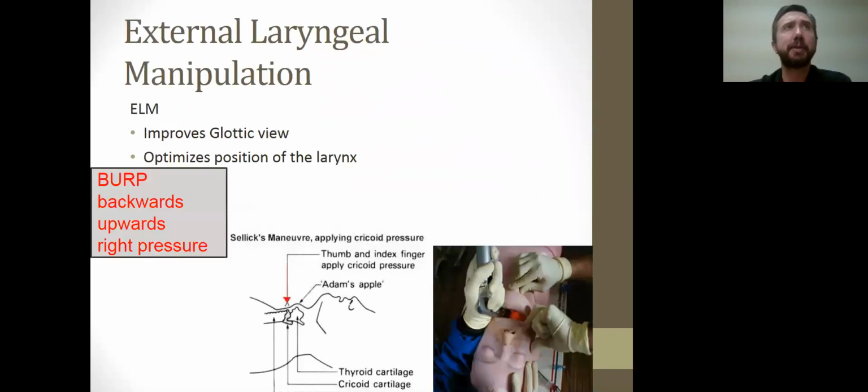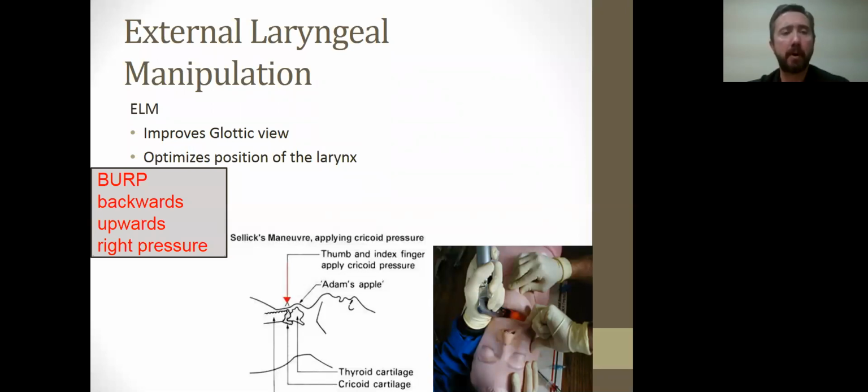External laryngeal manipulation, okay? If the vocal cords aren't visualized or if they're partially visualized, this is actually going to improve the glottic view. And when you do these techniques properly, this can actually improve that laryngoscopic view after you instrument the airway by up to 1 Cormack-Lehane grade, okay?